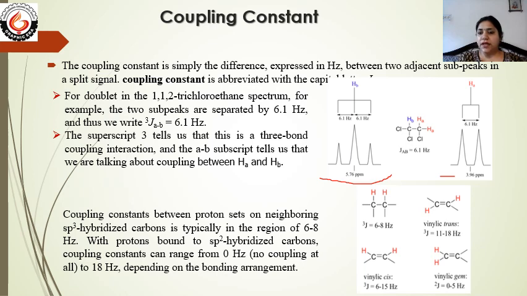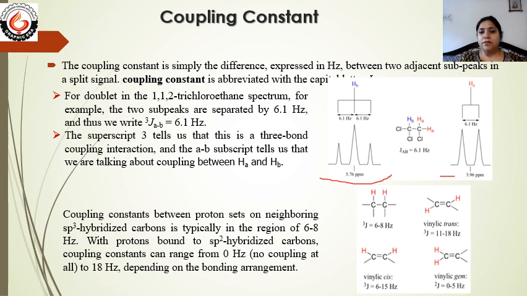This is again the example of 1,1,2-trichloroethane. We already discussed that in 1,1,2-trichloroethane, 2 signals are there. Those 2 signals are split into a doublet and a triplet.